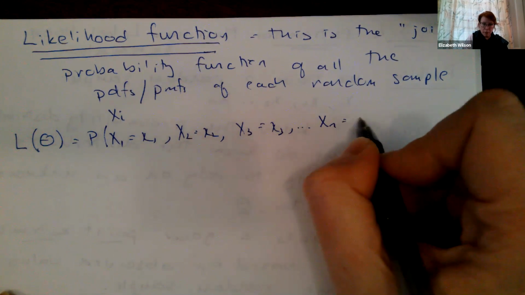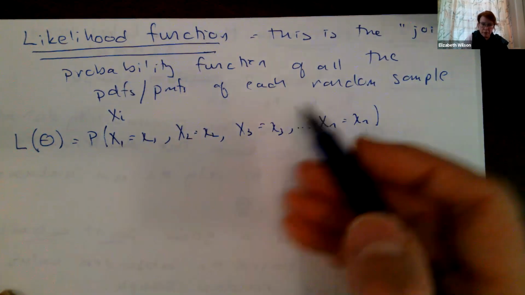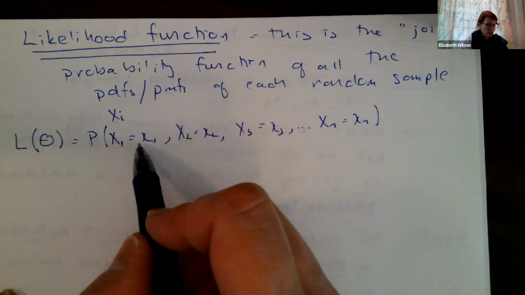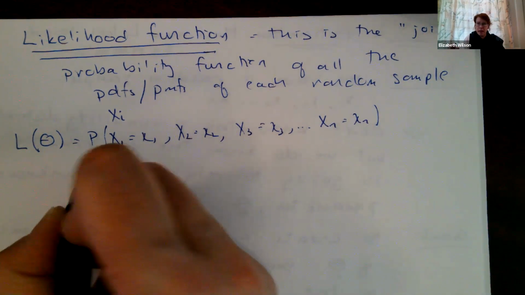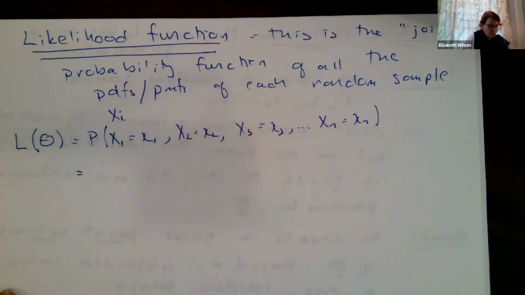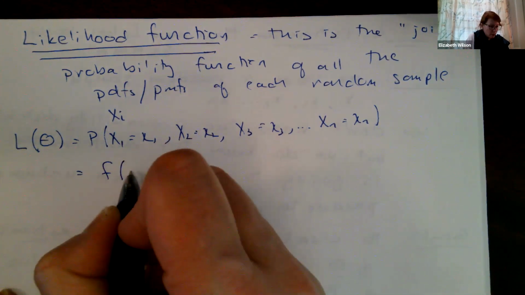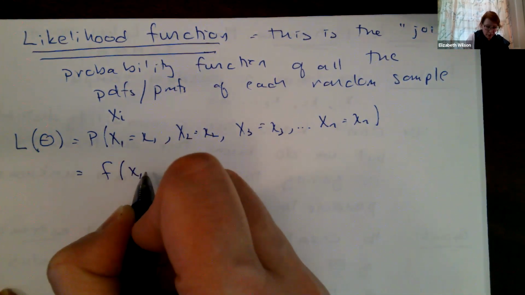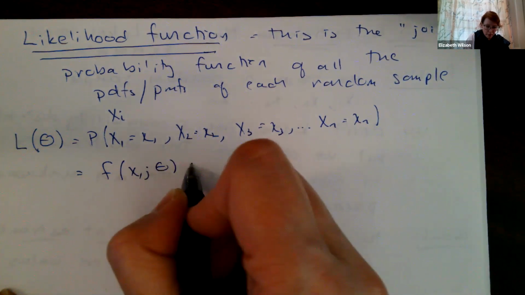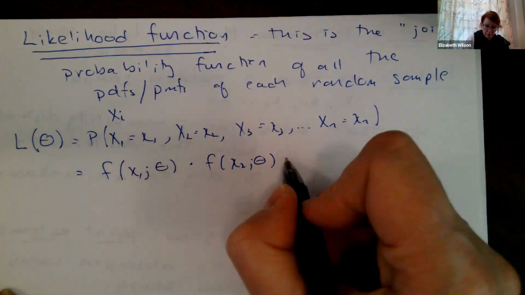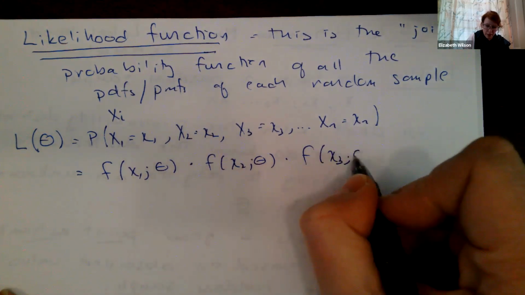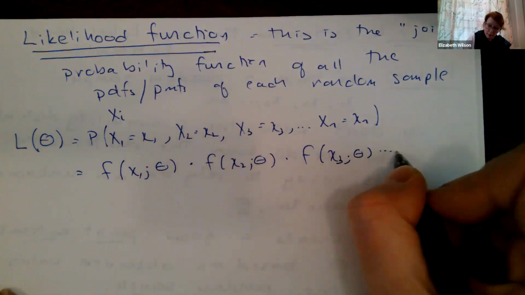Each one is an independent trial, so I can multiply out my individual functions. So this is f of x1, theta times f of x2, theta times f of x3, theta, all the way up to f of x of n.